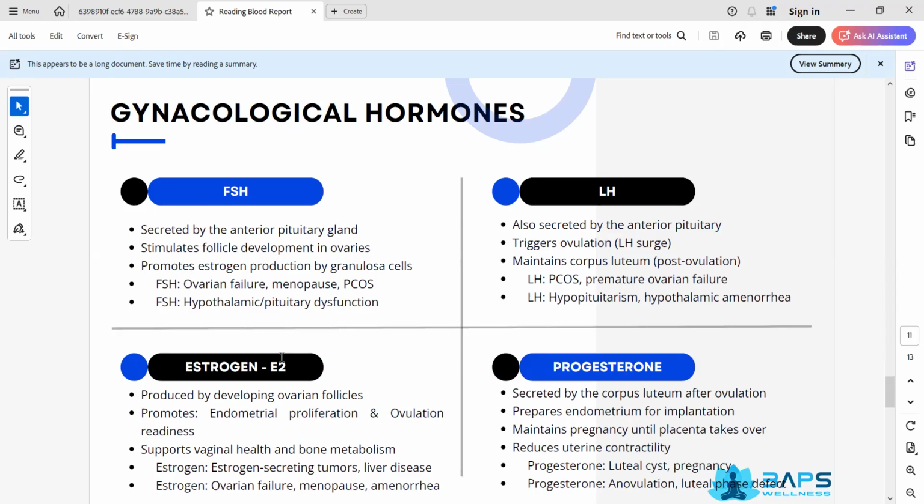That only will create facial hair, coarse voice, all those things. So the precursor for production of estrogen is testosterone only. From the testosterone, estrogen is produced by the theca cells in the developing ovarian follicles.